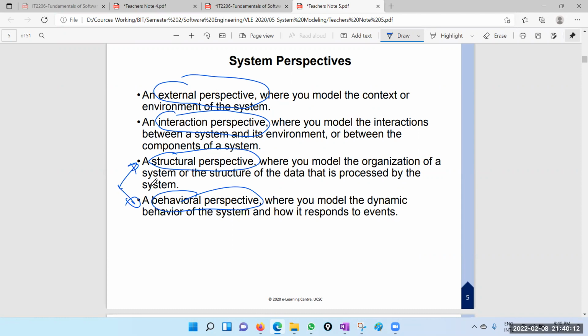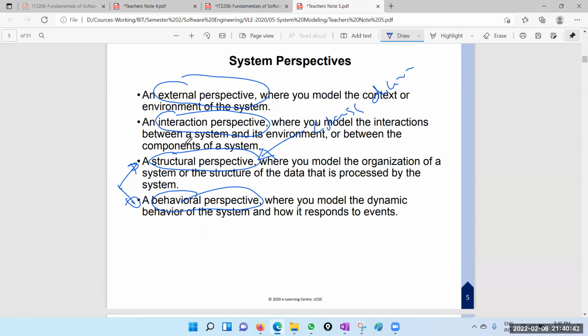So structural perspective means you look at how things are structured in general. The most important diagram in design, other than the architectural diagram, is the class diagram. The class diagram is the main structural diagram. It shows how the classes are related.